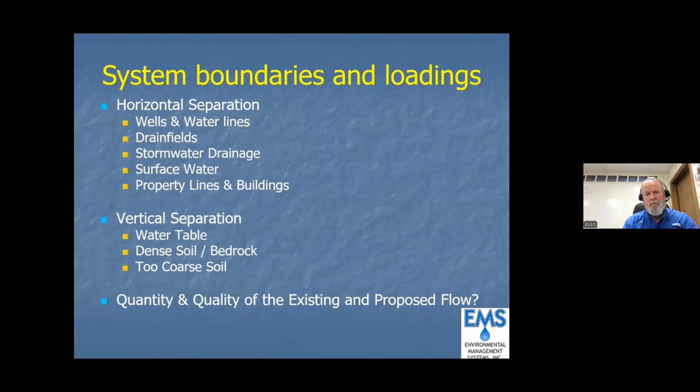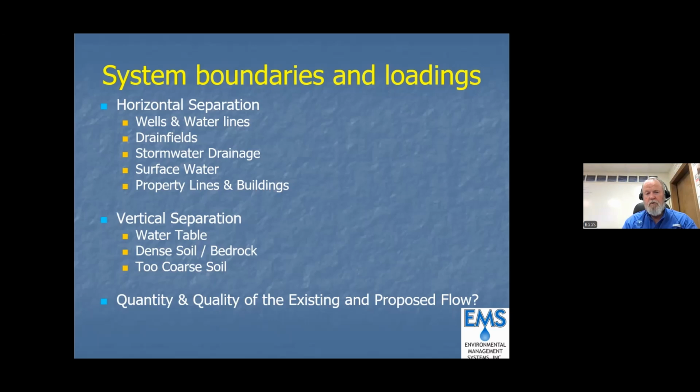And then, of course, the vertical separation has to do with the depth to the water table. Do you have a high water table? Do you have dense soil or bedrock, or soil that's so coarse that water moves through it quickly? And then you've got to look at the quantity and quality of the existing and proposed flow.